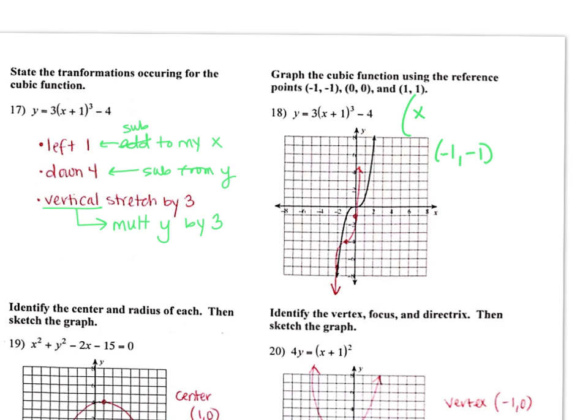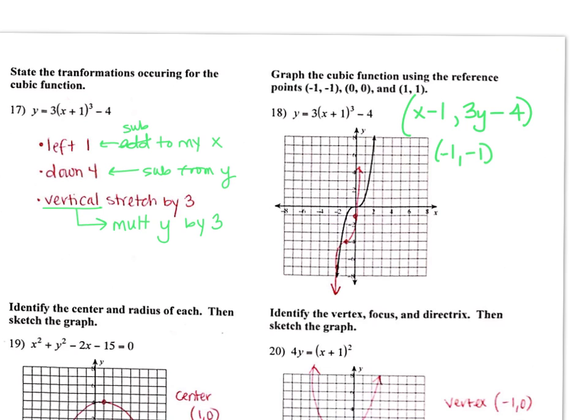So I'm going to write x minus 1. In my y, I have to do 2 things, subtract 4 and multiply 3. So I'm going to multiply first, 3 times y, minus 4. I don't know if that's going to make any sense to you, but watch what I do with that to get my new coordinates.